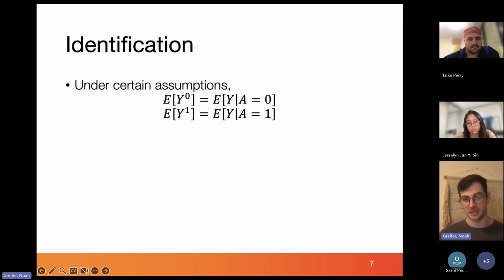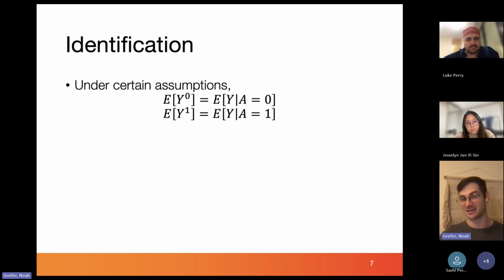Similarly, the expected potential outcome under treatment can be equal to the average outcome for those who received the treatment. And the reason this is such an incredible possibility is that these quantities on the right are potentially observable, which is to say it's possible to collect data on them.